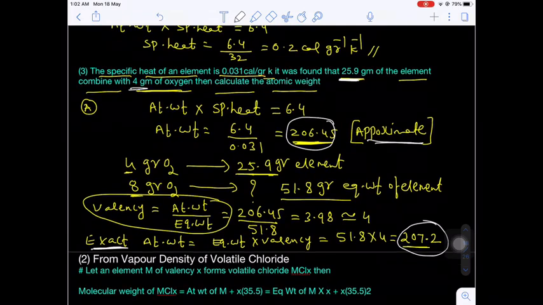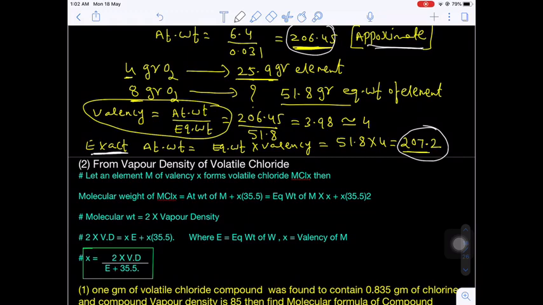Okay. Now next one, the second method, from vapor density of volatile chloride. Now here an element M with valency, let's suppose X, will form a volatile chloride MClX. Here X is the valency.